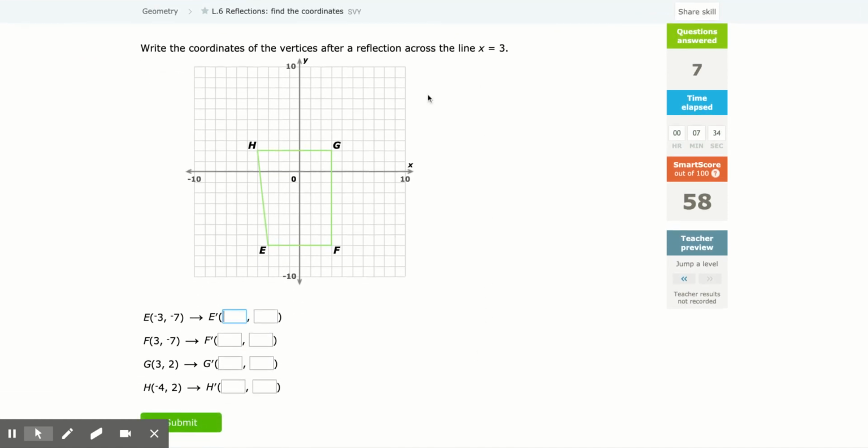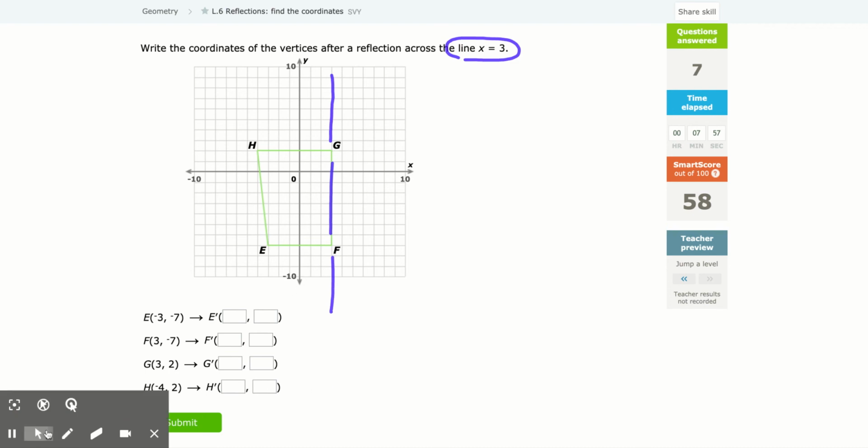Ooh, now here's one. I'm glad we got one of these. Again, cross the line x equals 3. So x equals 3, 1, 2, 3, is this line right here. This one you might have to take the time to actually look at, because there won't be a simple rule. G and F don't change. That's nice. So right now I'm going to go down to G and F and put in 3, -7, and 3, 2.